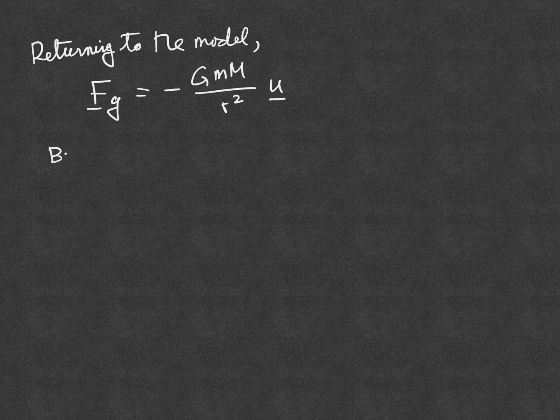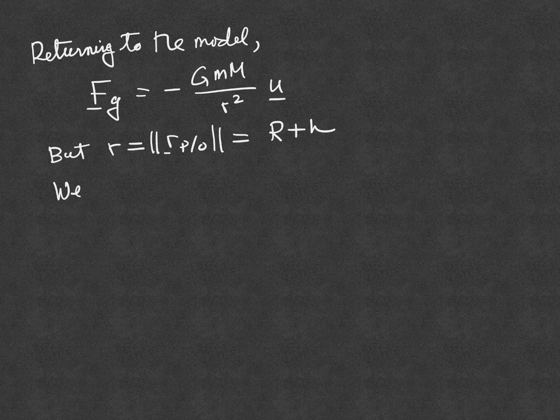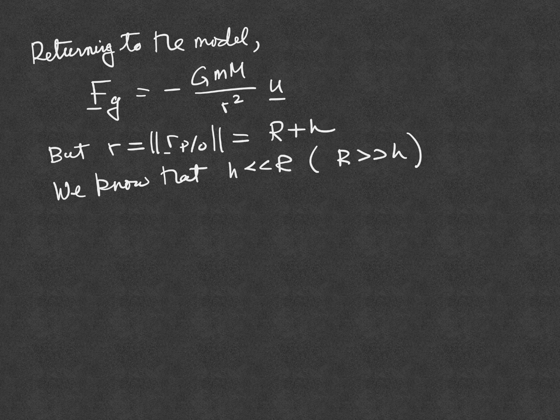But r is equal to the magnitude of the position of P relative to O, which is equal to capital R plus h, because h is the height above the sphere. So we know that h is much, much less than R, or equivalently R is much, much bigger than h. So that implies that r can be written like this.